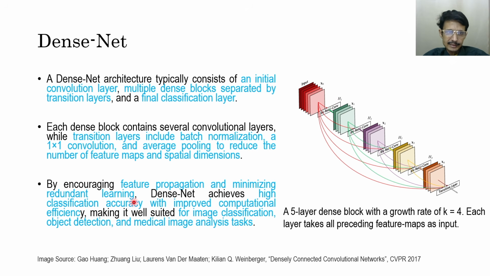We have to minimize the redundancy. DenseNet achieves high classification accuracy with improved computational efficiency, making it well suited for image classification and object detection. So this is DenseNet.